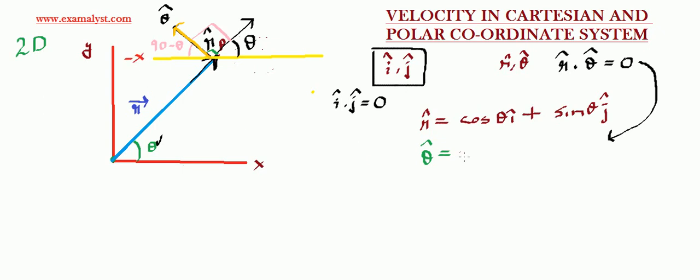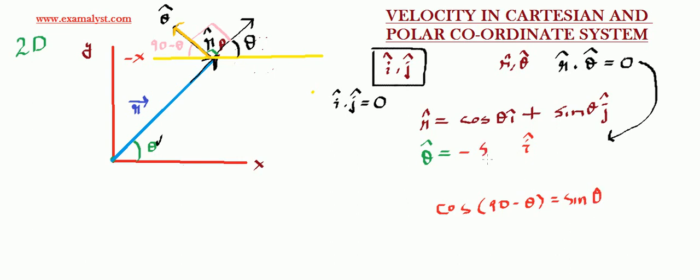So one thing is clear, that the x component will have a minus sign with i cap. i cap represents the x axis or x component, and the minus sign represents that theta cap has the x component along the negative direction. Now what is the x component? The x component is cos of, instead of theta, 90 minus theta. And what is cos(90 minus theta)? It is sin theta.